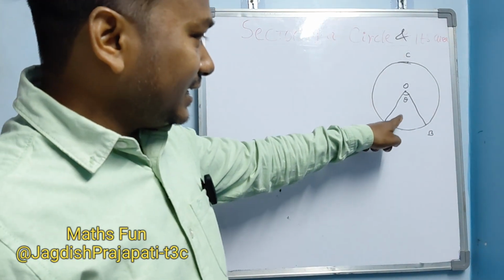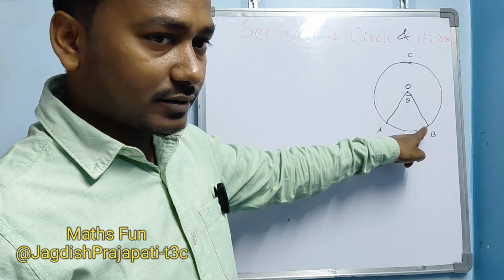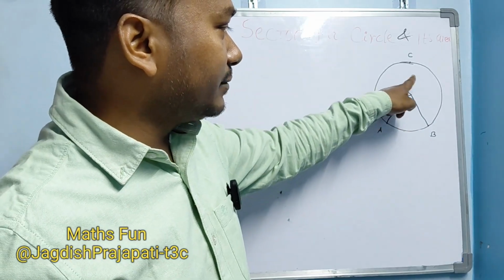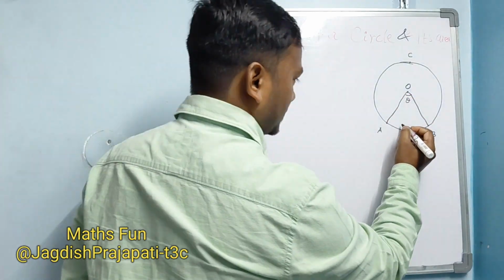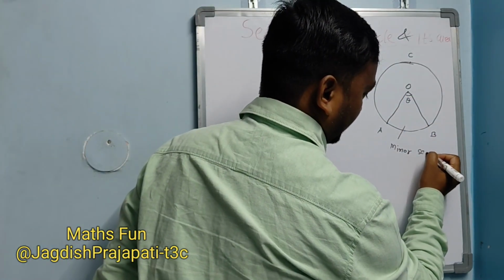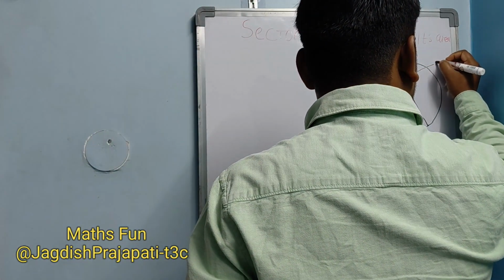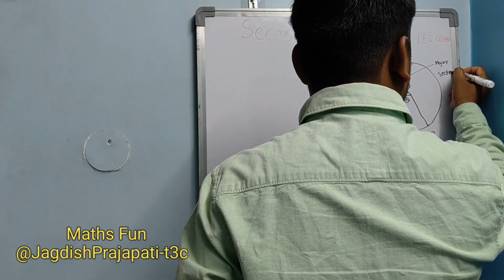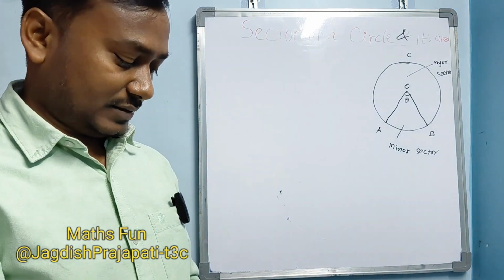So now we can say this is a sector, and since this is minor, it is called the minor sector, and the remaining part is called the major sector. This is the minor sector and this is the major sector.